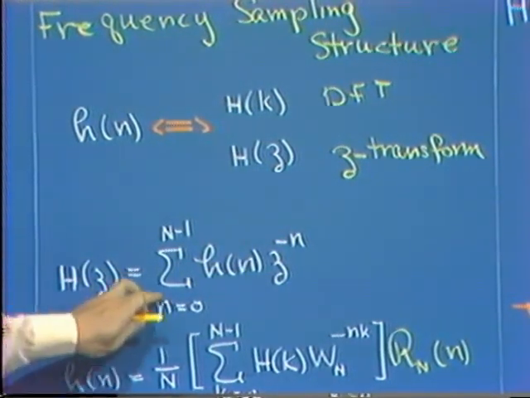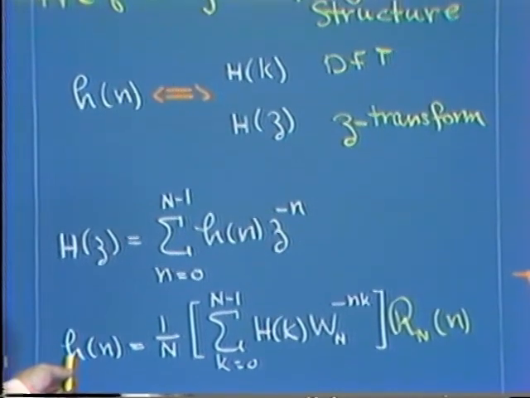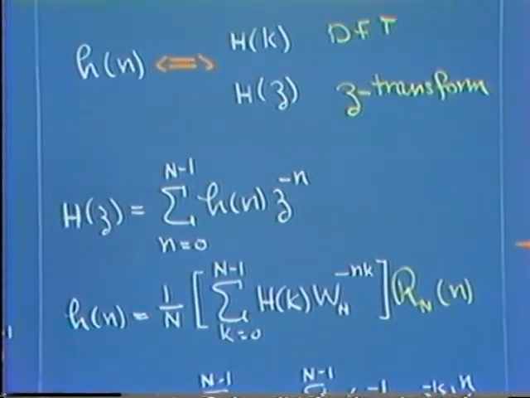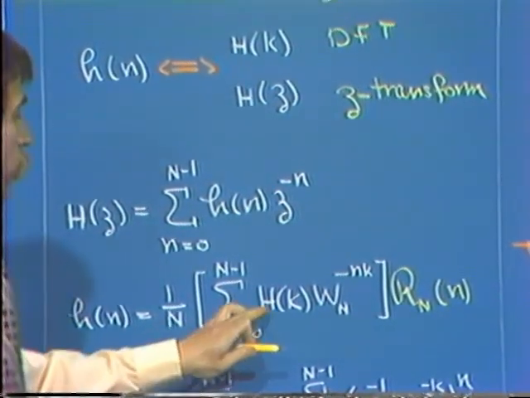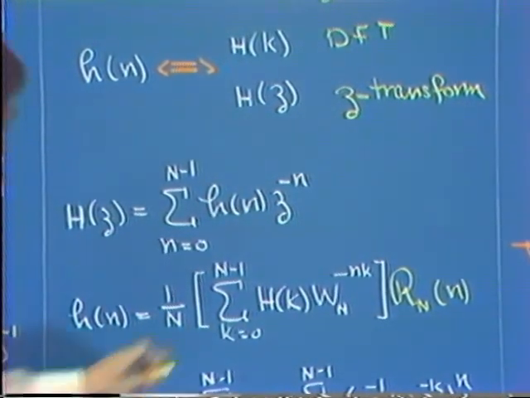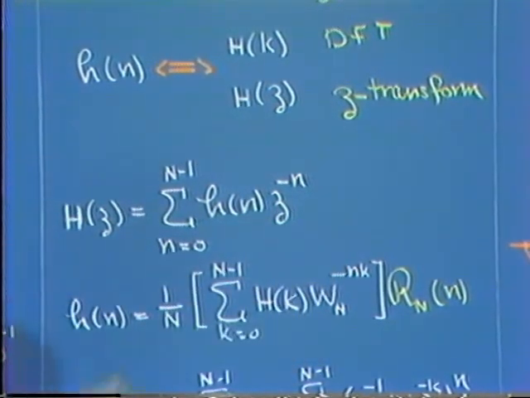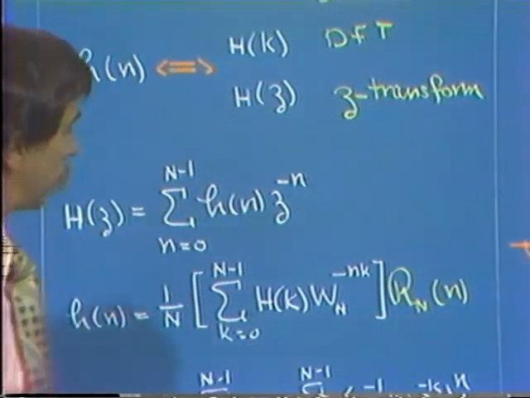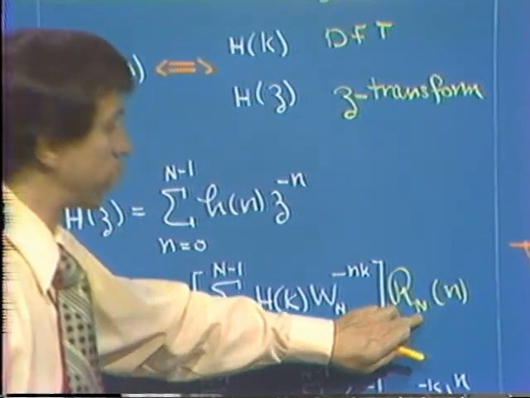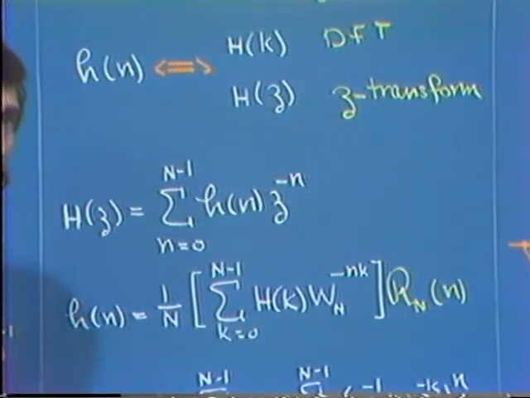The z-transform is the sum of h of n times z to the minus n, as it always is. And the unit sample response can be expressed in terms of the discrete Fourier transform coefficients as the sum of H of k, W sub N to the minus nk. We have the 1 over capital N out in front. And again, this term r sub capital N of n is to simply truncate h of n after capital N points.